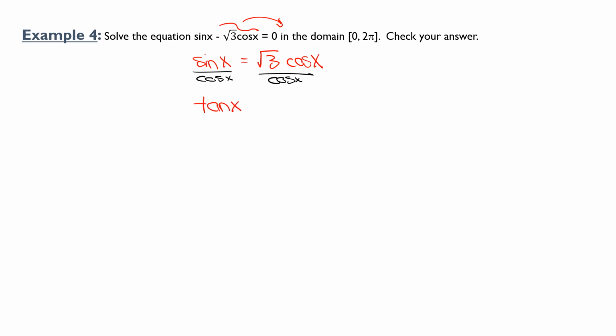The restrictions would be the same for tan x as for sine over cos x. So it's okay to divide by cosine because tan is sine over cos, so cosine isn't truly eliminated. It is still part of the tangent function, and that's what we have to be careful around.